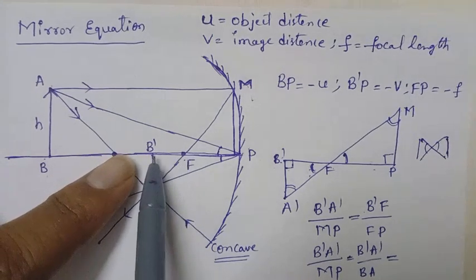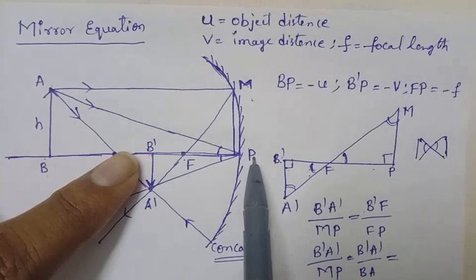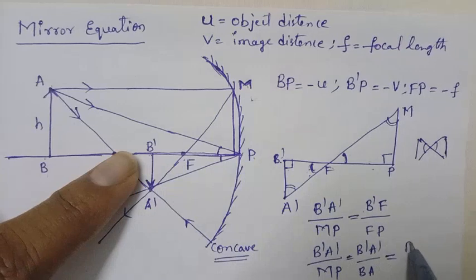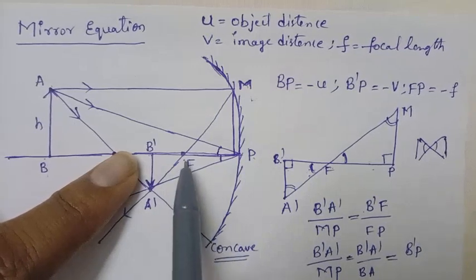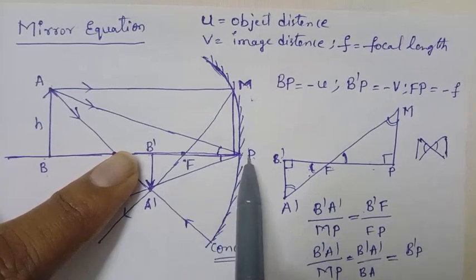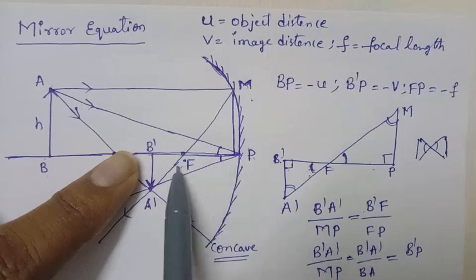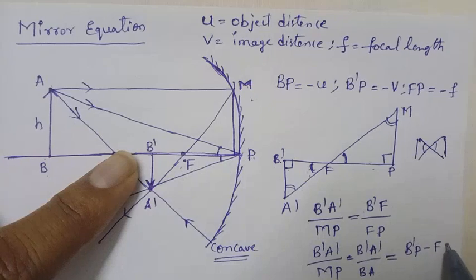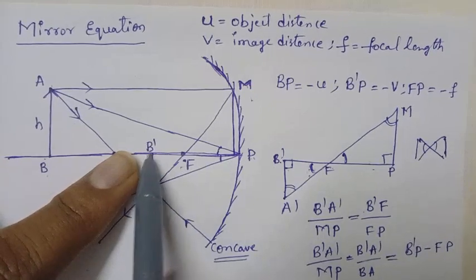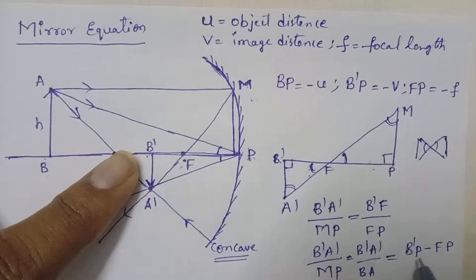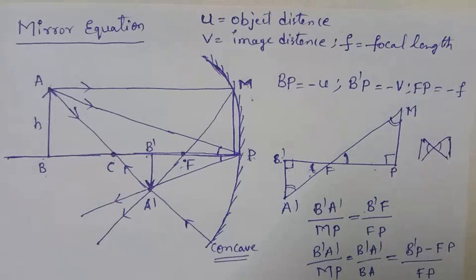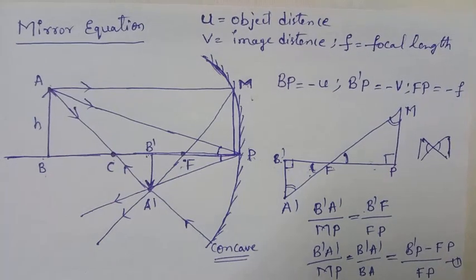B dash P distance you know, which is the image distance. So from B dash P you have to subtract FP, which is nothing but the focal length distance. Subtracting this distance gives us the B dash F distance, then B dash F distance by FP. So it is the equation 1.